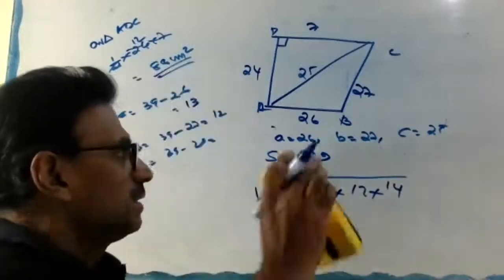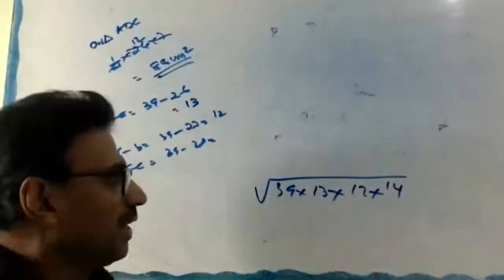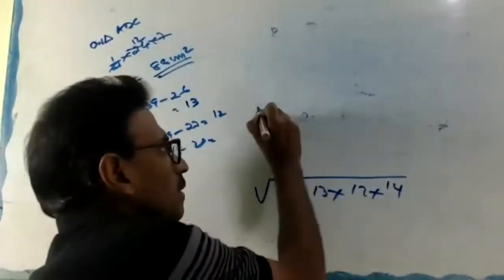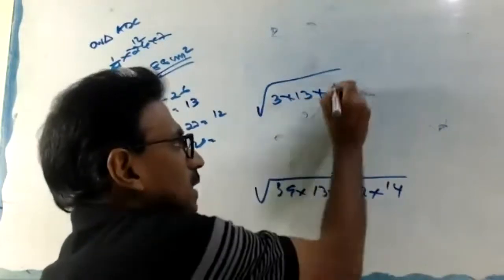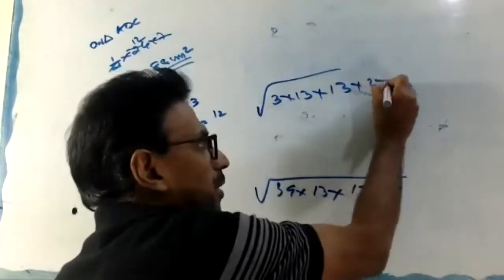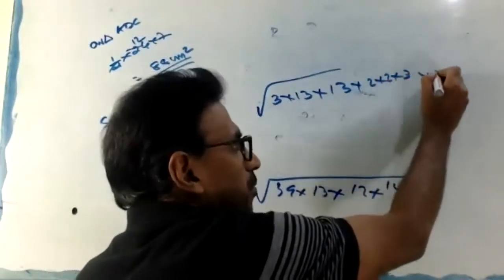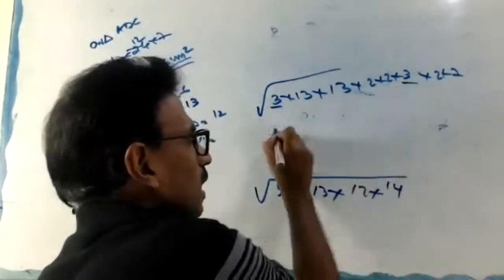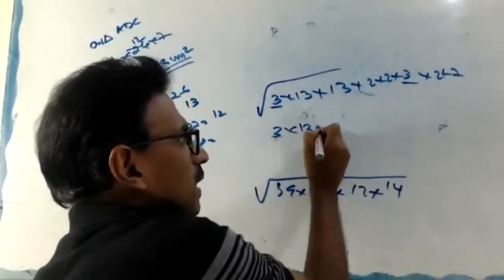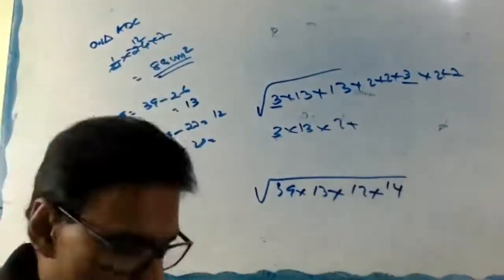So 39 we can write as 3 into 13. 3 into 13 into 13 here. 12 is 2 into 2 into 3, and 14 is 2 into 7. So then 13 comes outside, 2 comes outside. You will not get an exact answer like that.